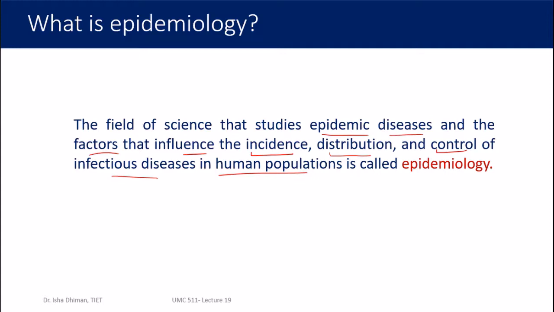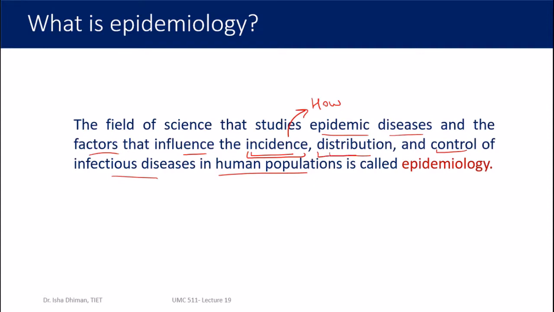So it's a very broad area in which many people at the same time are working towards finding the reason of occurrence. So the influence, the incidence means how could this happen. Why they want to understand that? Because in future that can be avoided or taken care of.